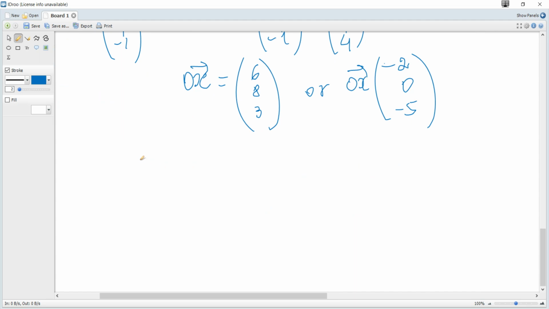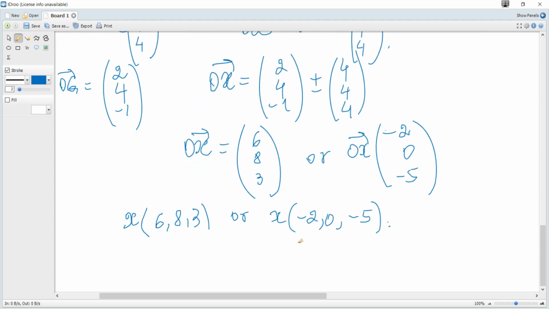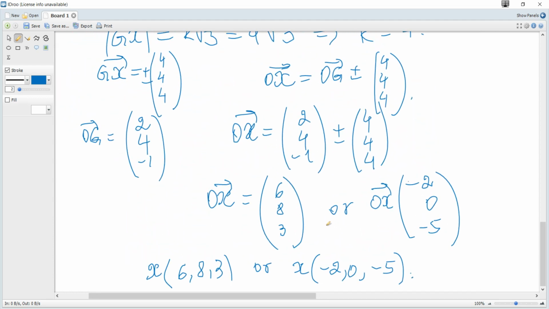And since it's a position vector, the possible coordinates become 6, 8, 3 or negative 2, 0, negative 5. Yes, it's correct. And that's all for the question.